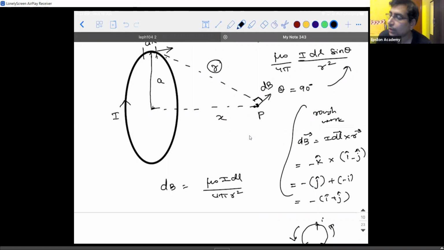One minute, I made a small mistake. The correction that needs to happen: it is entering, so minus i and minus j both are negative. So dB will be in this direction. Sorry, a correction made: dB is going to be in this direction.